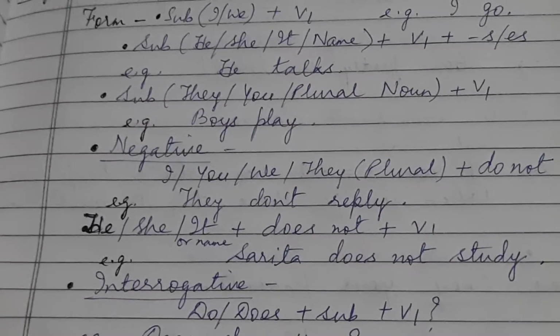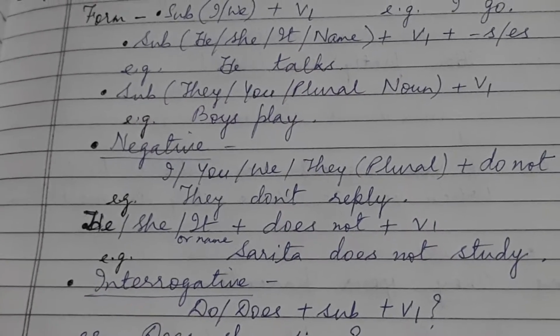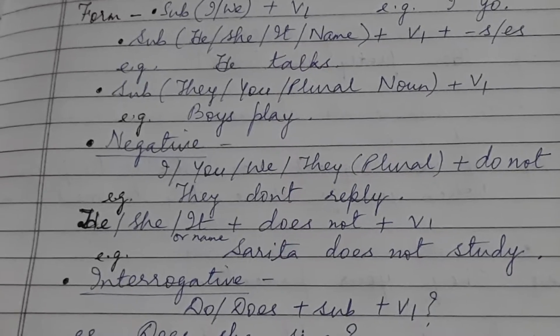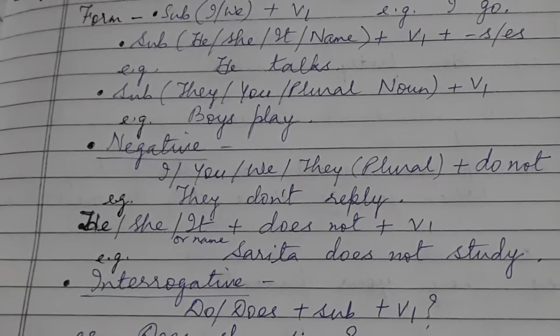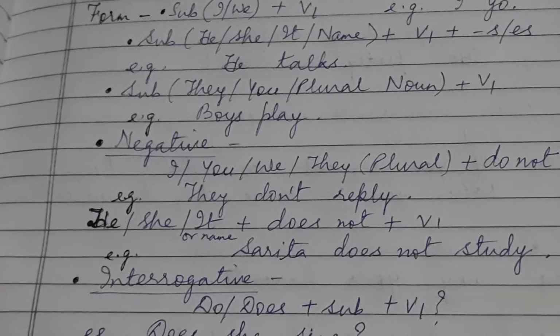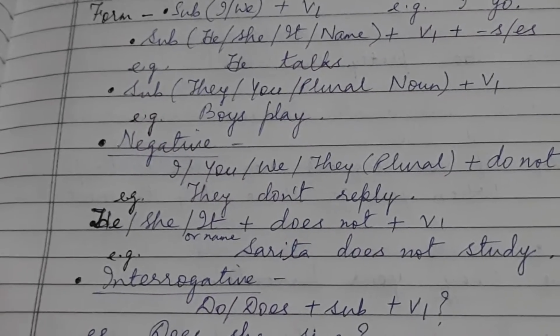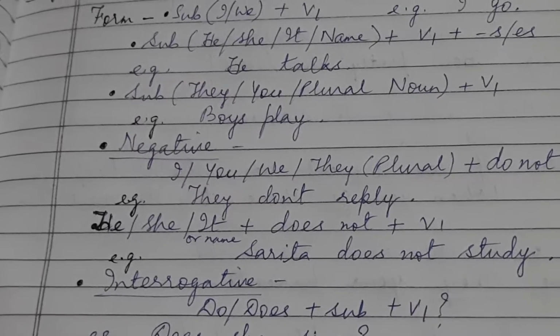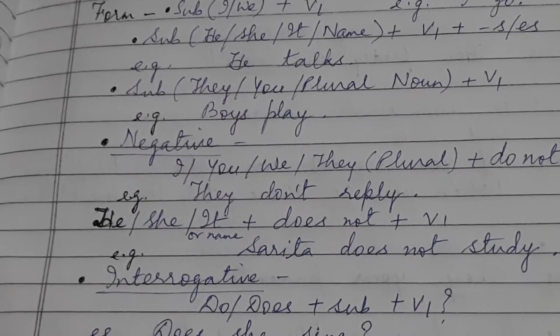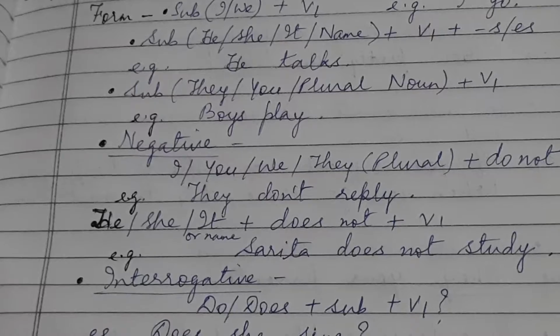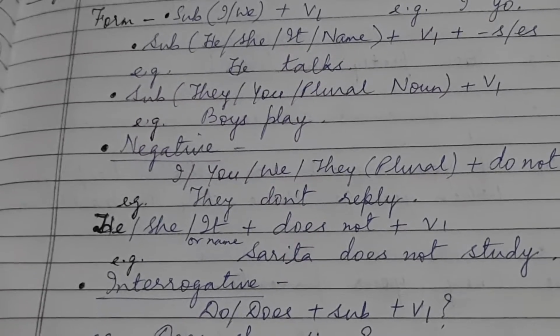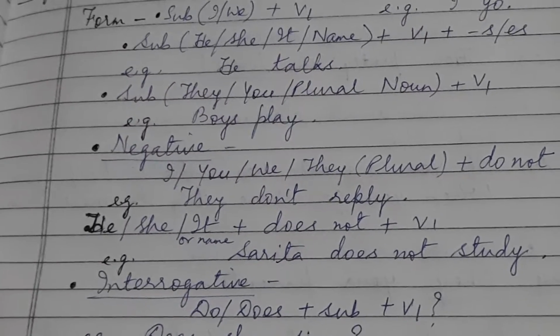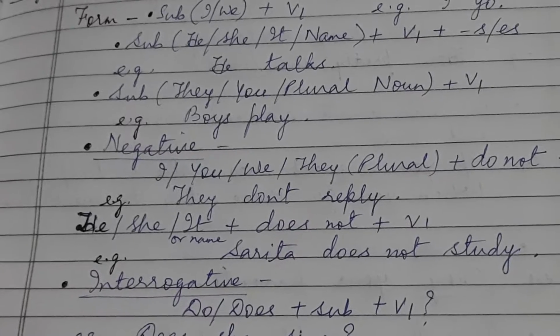So we should always use s or es with the first form of the verb if our subject is a third person pronoun like he or she, or if anybody's name is coming, like Ravi talks a lot in the classroom. So like that, we should add s or es with the first form of the verb.